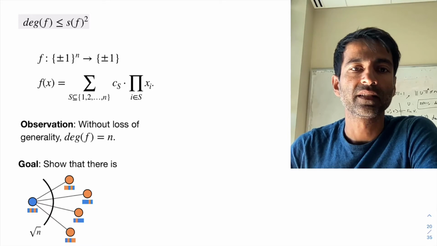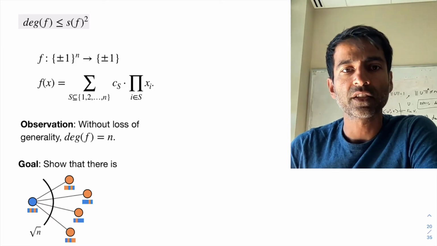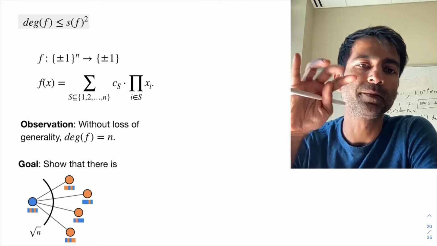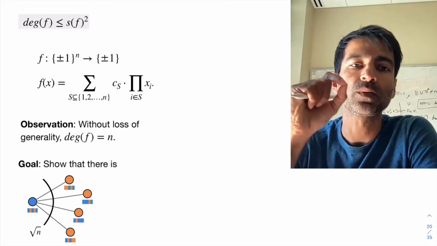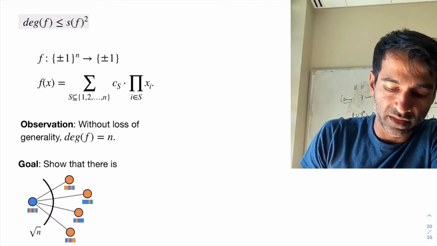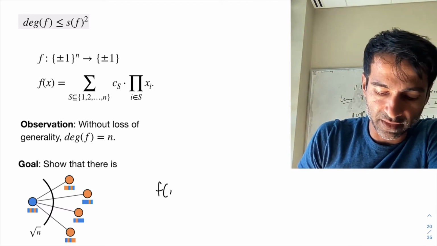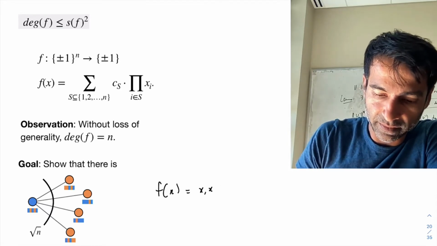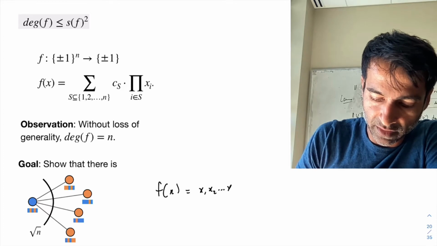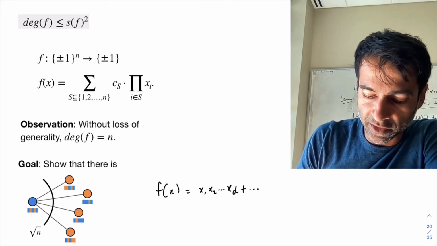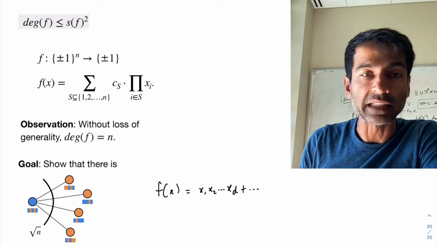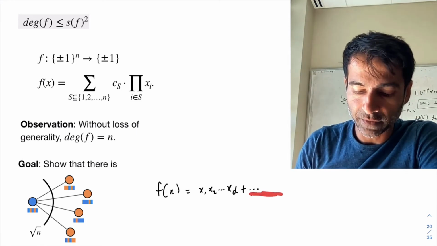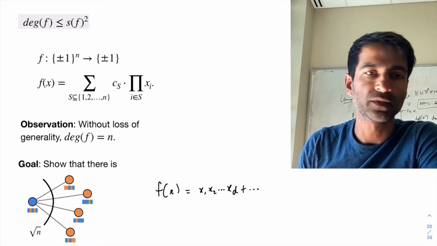And that's because if it's not equal to n, if, for example, the largest monomial is x1 times x2 times x3 to x_d, so f of x is equal to x1 times x2 times x3 to x_d plus some other stuff, and d is the degree, then we can just fix all the variables except for the first d variables to arbitrary values.